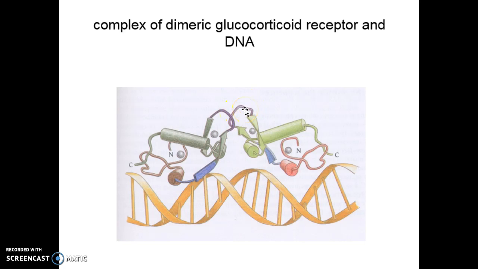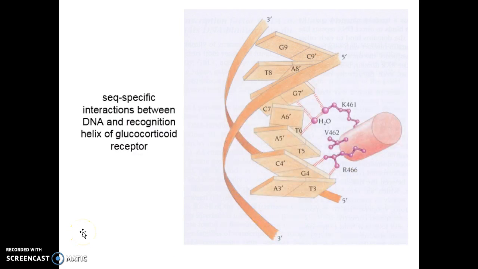This region undergoes a significant conformational change when the dimer binds to DNA. An alpha helix in the first zinc motif provides the specific protein-DNA interaction. So you can see here such sequence-specific interactions between DNA and the recognition helix of the glucocorticoid receptor.